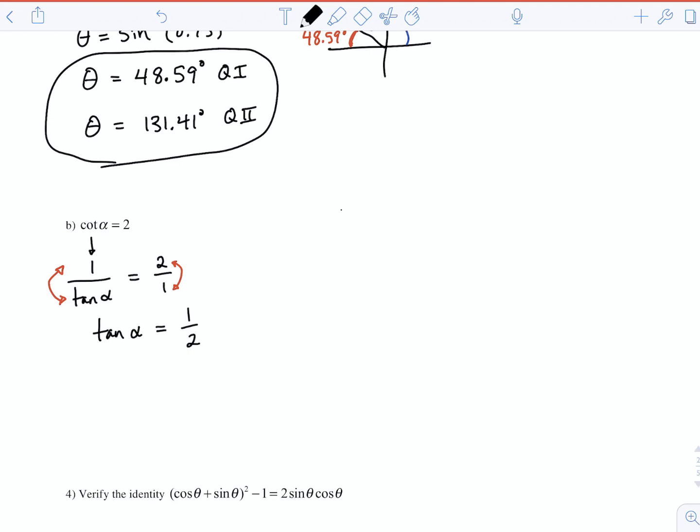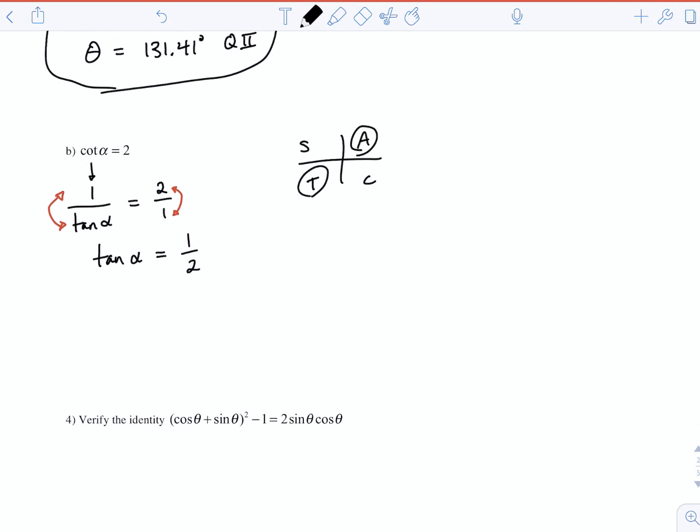And again, using a smart trig class, it says tangent equals 1/2, so that's a positive number. So that can happen in the first or the third quadrant. So again, two solutions. The first comes from finding tangent inverse of 1/2.